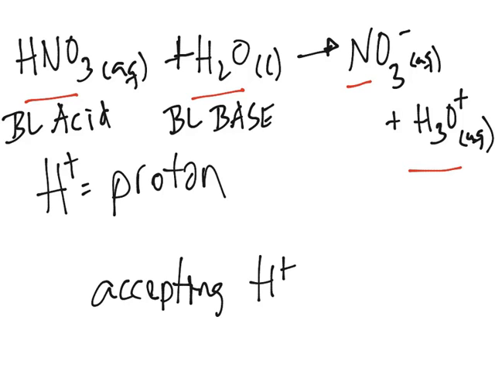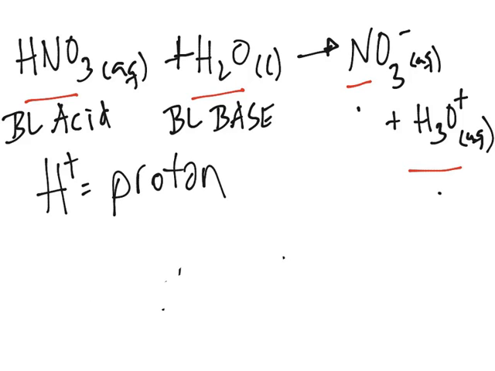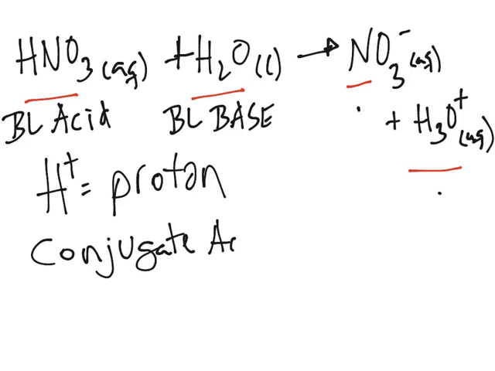But in a Bronsted-Lowry definition, you have to name the products too. And you will not call them a base and an acid as well, because it would just confuse you. You will call them a conjugate acid and a conjugate base.